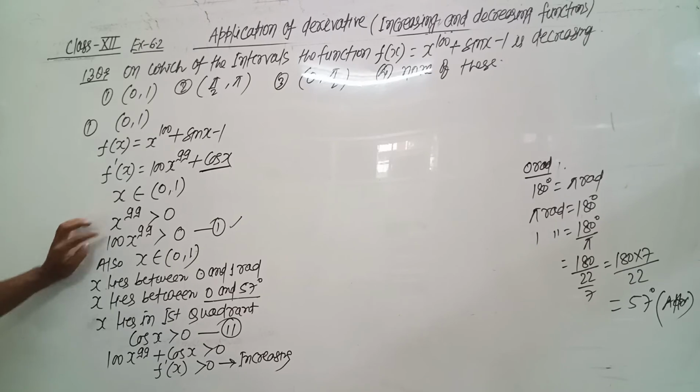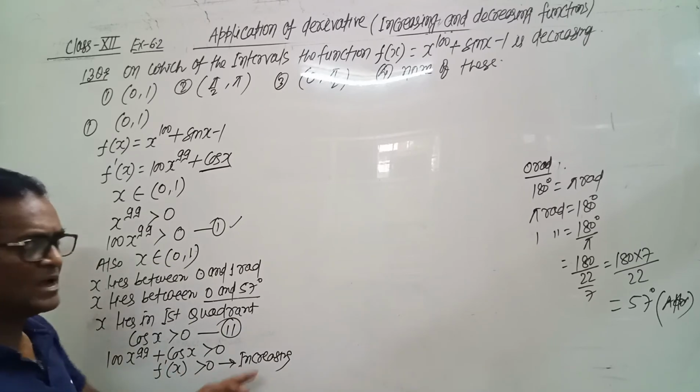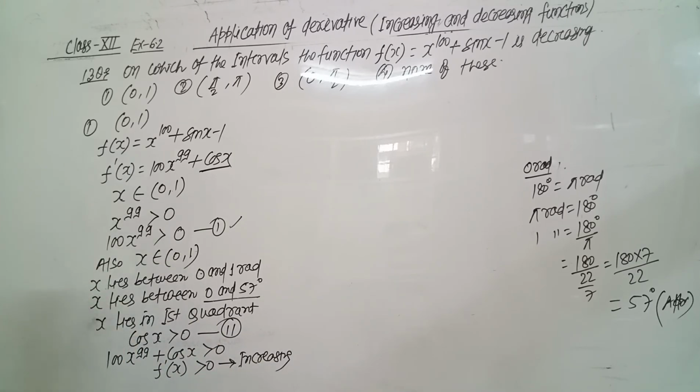Adding the first equation and the second equation, we get 100 into x raised to the power 99 plus cos x is greater than 0, and this can be written as f dash x. So f dash x is greater than 0, and this indicates that in this interval the function is increasing.